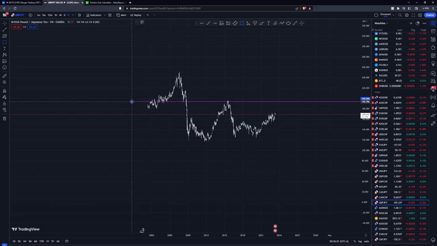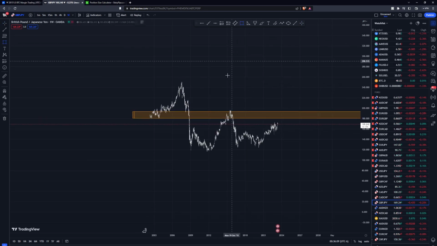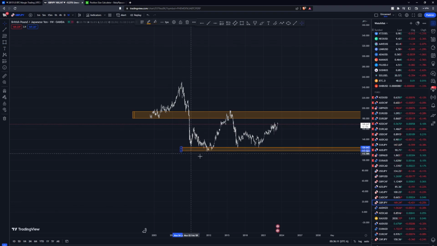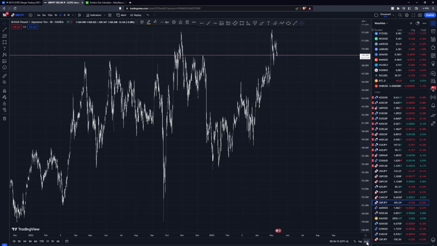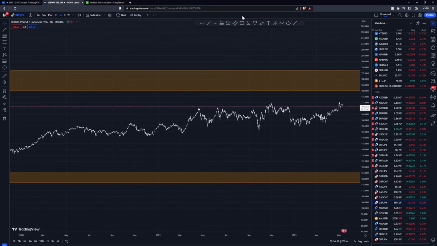So you can see it's just the same thing over and over again. Very simple. That's how I like to trade. Just like that. Zoom in on the 4-hour. It's very simple. Support and resistance.